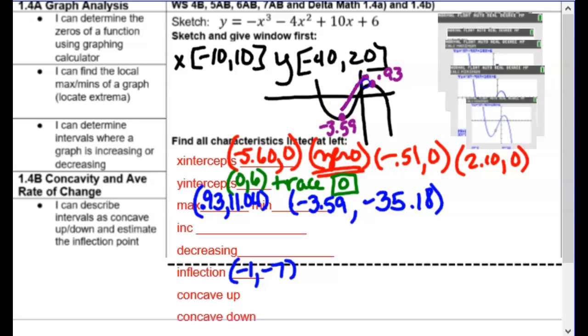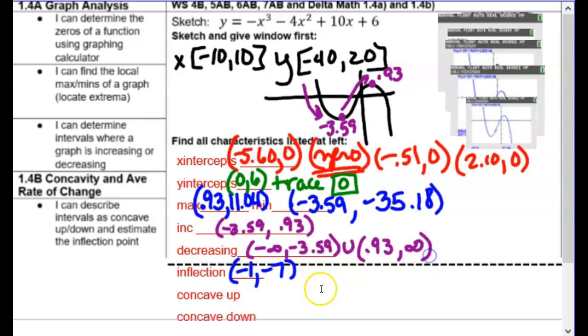It was from there to there, right, on this one? Increasing as I go left to right was -3.59 to 0.93. And decreasing would be before that, so -infinity to -3.59. And after that, 0.93 to the right.